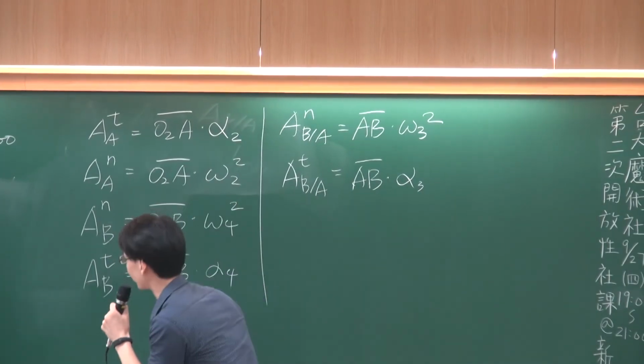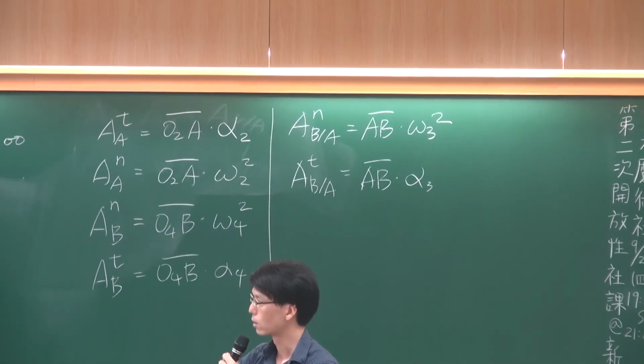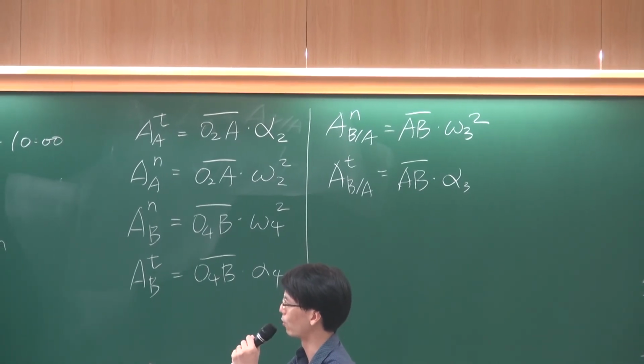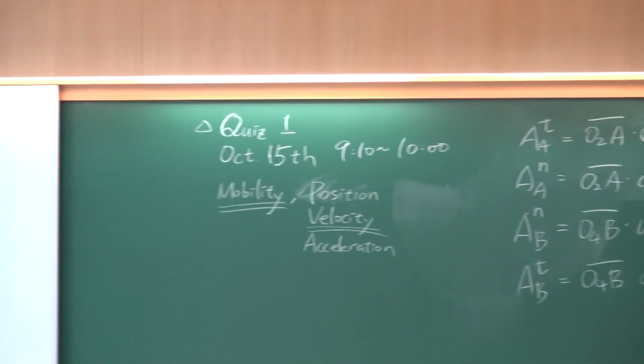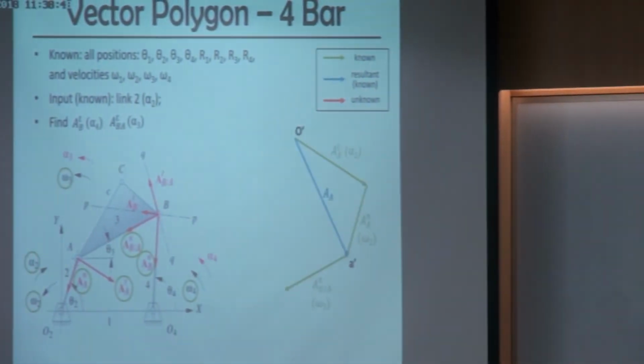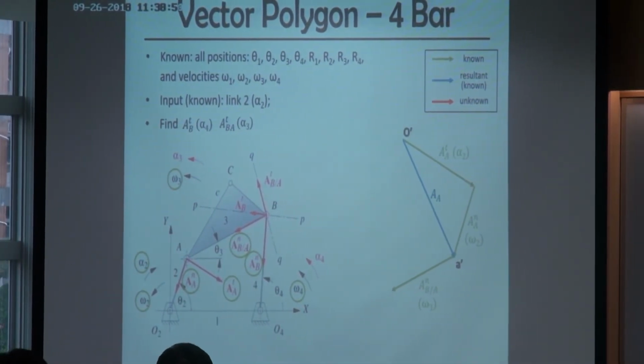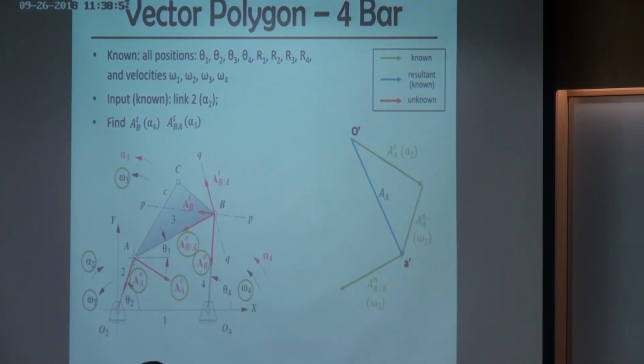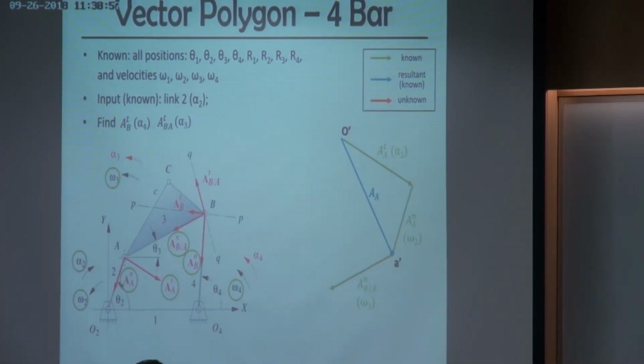They all have very similar expressions. So we also know the normal component of ABA, which is simply the length of line AB times omega 3 squared. Omega 3 is where AB locates.